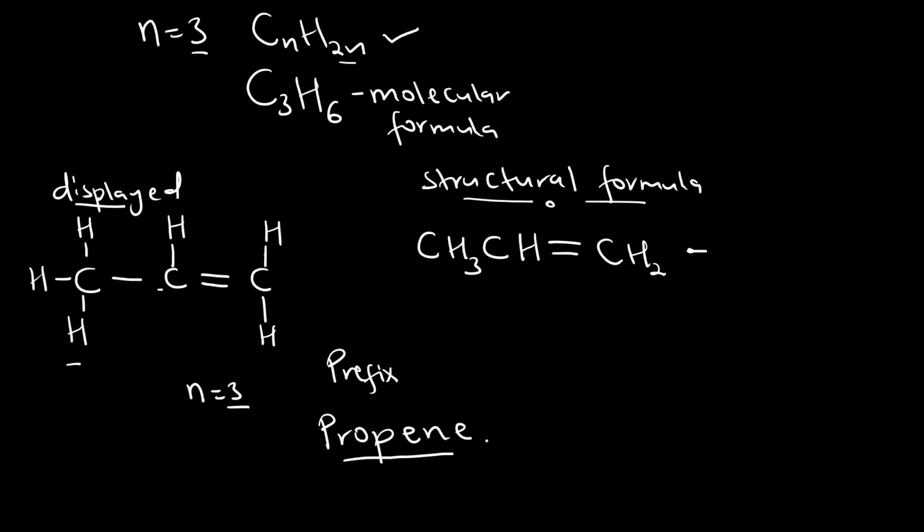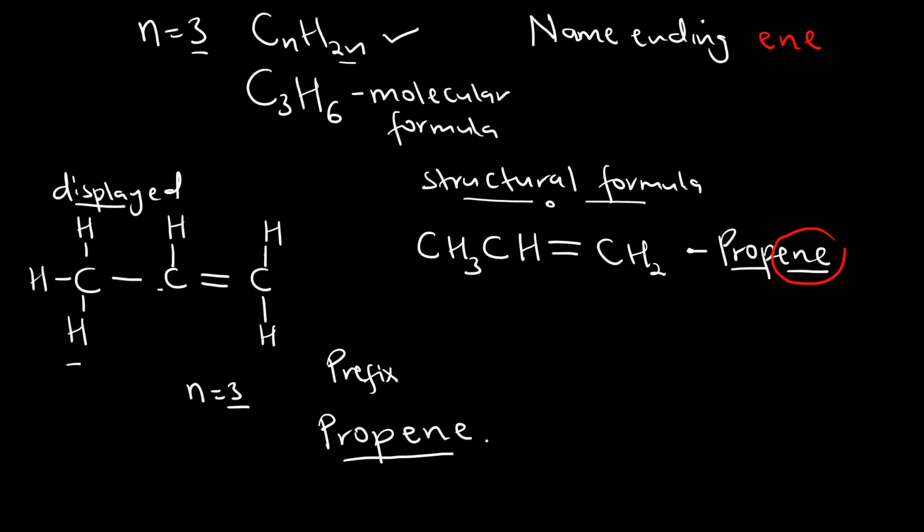So this one is known as propine. The prop comes from the 3 carbon atoms, then the ene comes from the name ending, because one thing to note is that all alkenes will have a name ending that we forgot to talk about when we were looking at ethene. They'll have a name ending of ene, just as it is seen here.